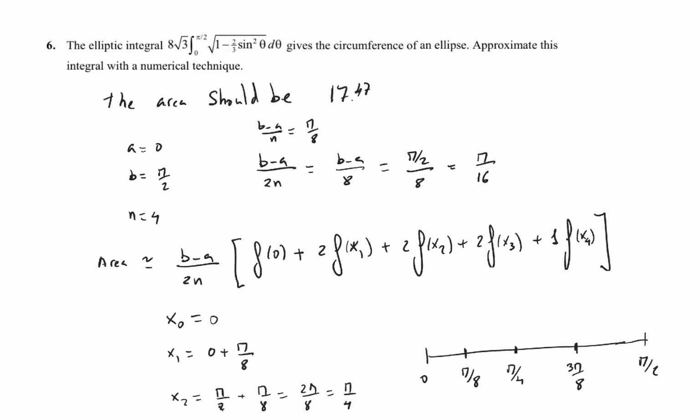So if you remember, the trapezoidal rule says that the area under the curve of this function f of theta equals 1 over the square root of 1 minus 2/3 sine square of theta.